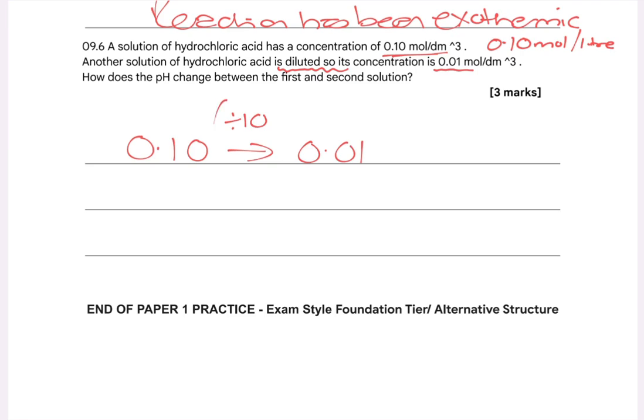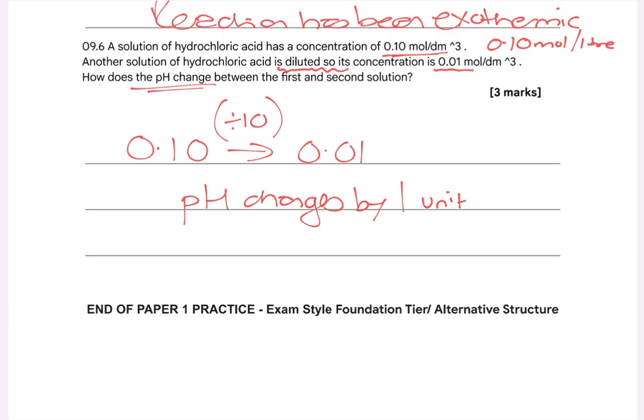Whenever we change a concentration, as we said previously, as we change any concentration by a factor of 10, the pH changes by 1 unit. And in order to answer this question, what we have to do is essentially get the direction correct.